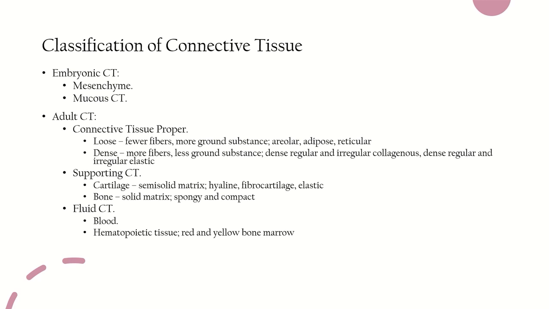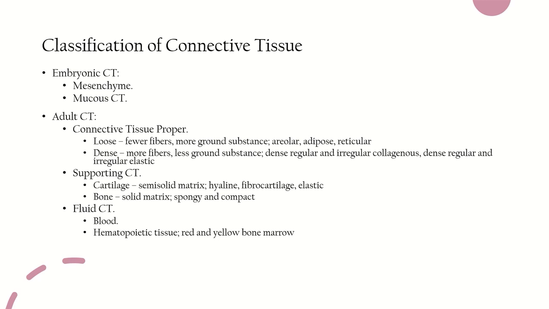You can have more dense connective tissue, with less ground substance, more proteins, more dense collagen. That's what dense regular or irregular collagenous tissue means, like your tendons and ligaments. Then you have supporting connective tissue, cartilage and bone.